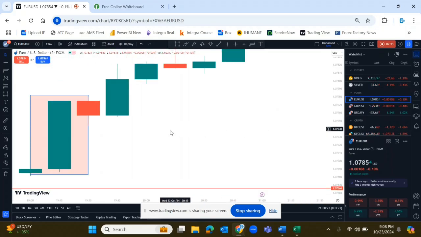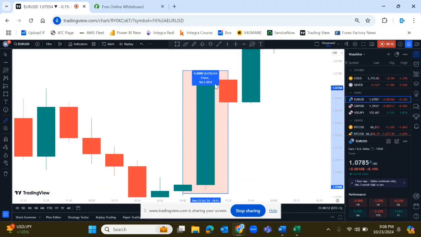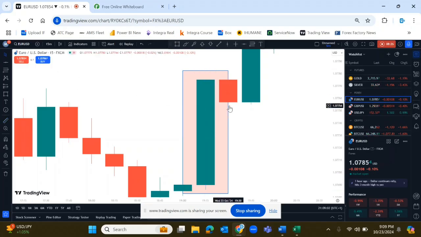I just want us to take a look at this candlestick. This is 8 point something pips, but let's just round it down to 8 pips. Now we have 8 pips movement in the Euro USD currency pair on this highlighted candlestick. So the price moved from this point up to this point within a window of 15 minutes.